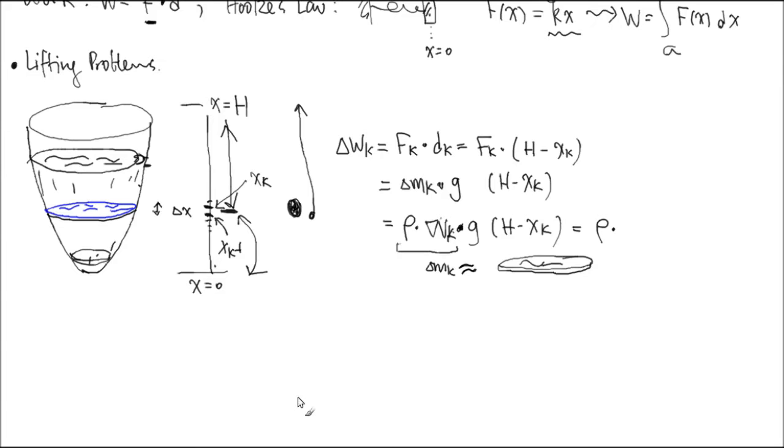Okay, let's go further. Rho times, well, how would you estimate the volume of this one nicely? That's the potato idea, right? Volume of that is the delta x times what? Good, cross section. To calculate the volume of this whole thing, we looked at the kth slice, multiplied the thickness delta x by the area of this section, right? So that would be the area of the section, A(x).